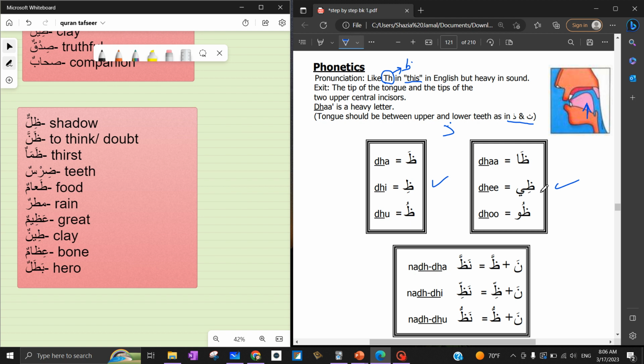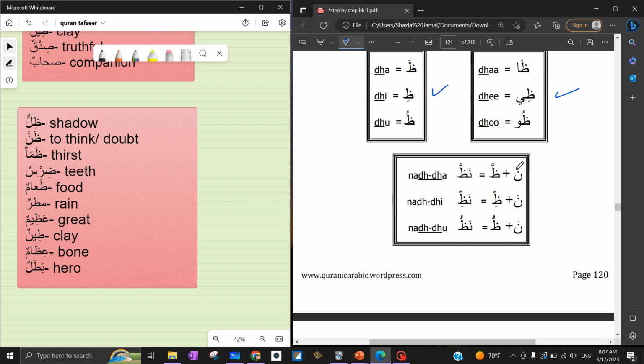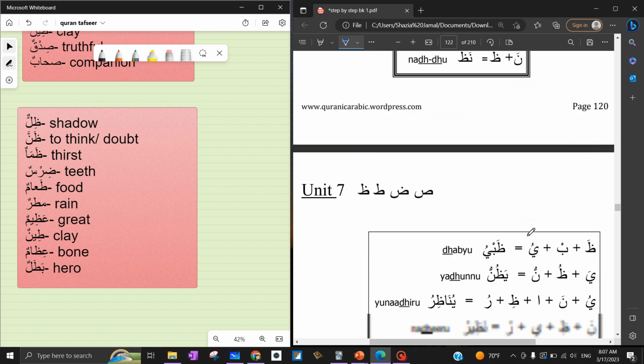But what happens with this letter? It is always heavy, even if it is with a kasra. So how you speak with alif, wa, we, and dhu. That's how you speak the letter. This is how you do it with the shadda.